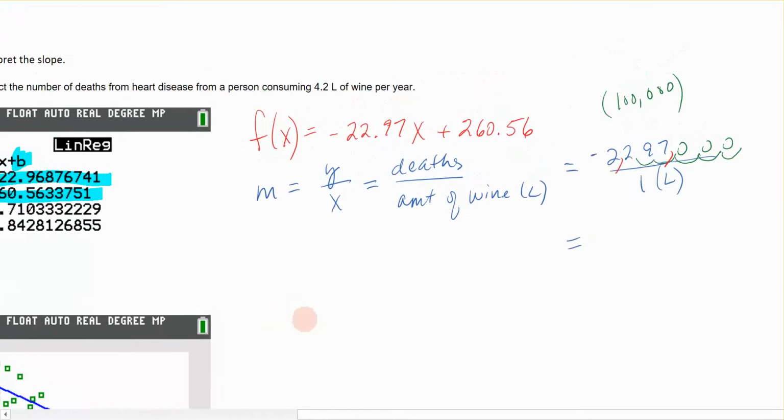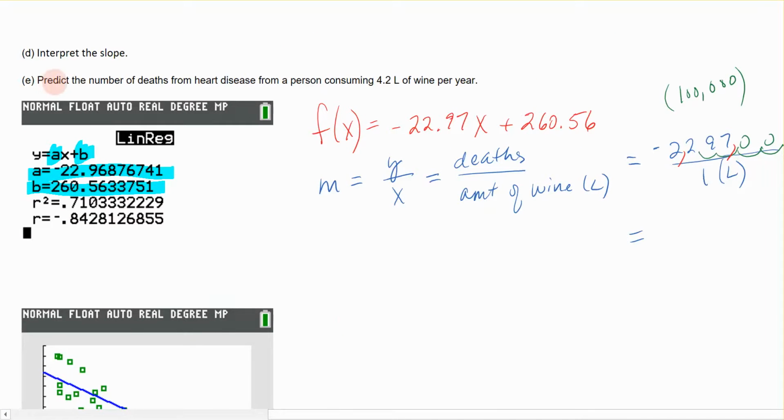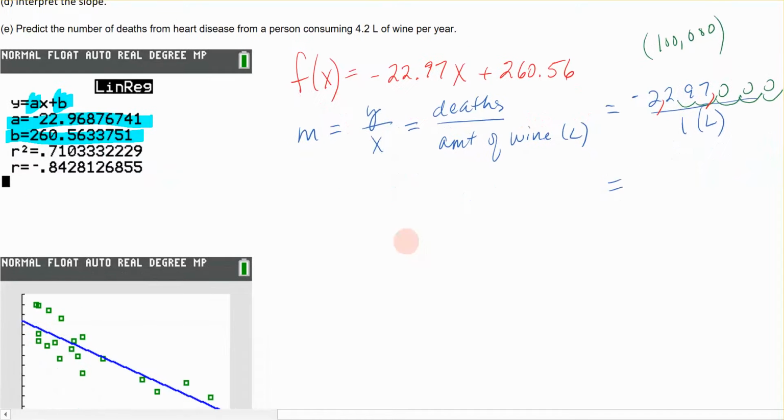Now the next thing that I'm asked to do is, once we come up with the regression equation, can I predict the number of deaths for people that consume 4.2 liters of wine per year? And that's the whole reason why we create models, so that we can predict what's going to happen given a model that fits the equation.